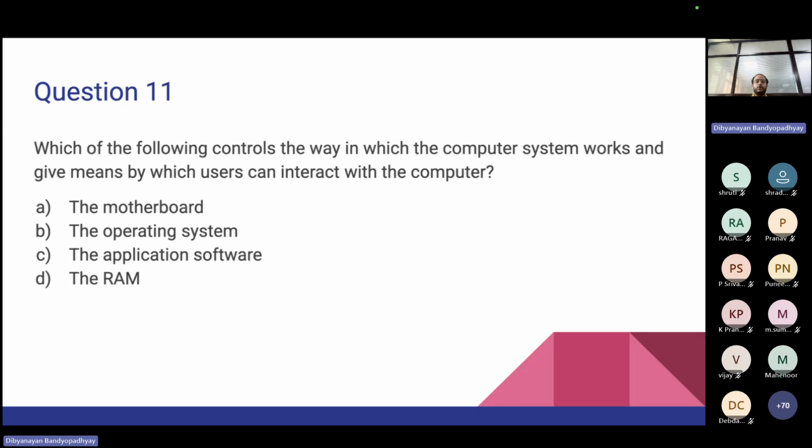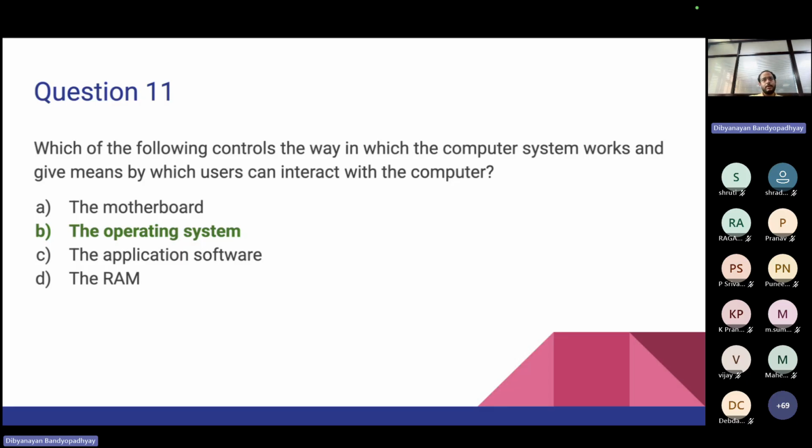Application software in this sense is very limited because it actually handles only a few things that the computer can carry out. But the operating system is very vast. So the answer is operating system.